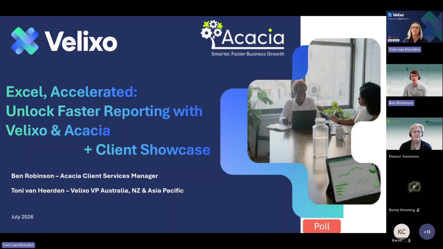Are you manually exporting and importing data every time? It's time consuming. You already have Excel models set up, but refreshing them is still a manual process. You've tried to automate it, but it's inconsistent and unreliable. You've got a live connection and it works well. Or you're not sure, someone else manages this in your business.